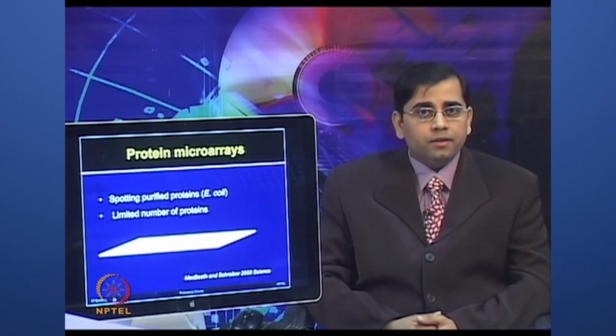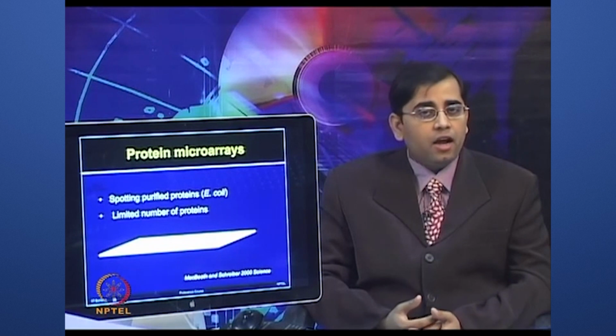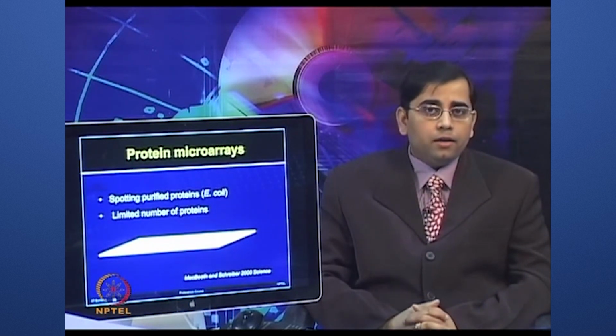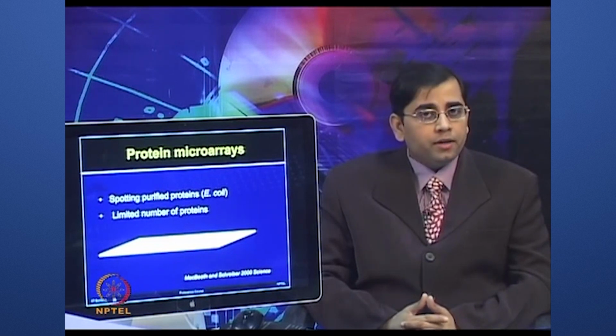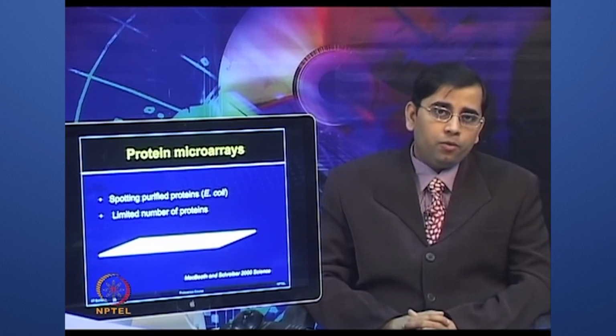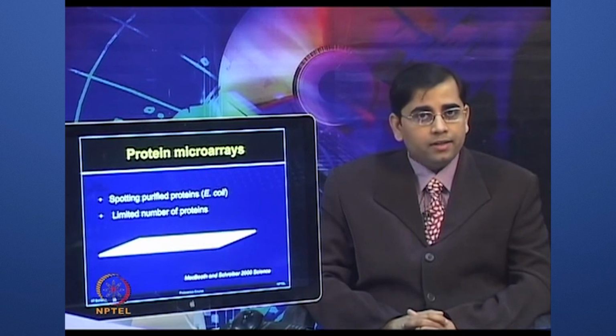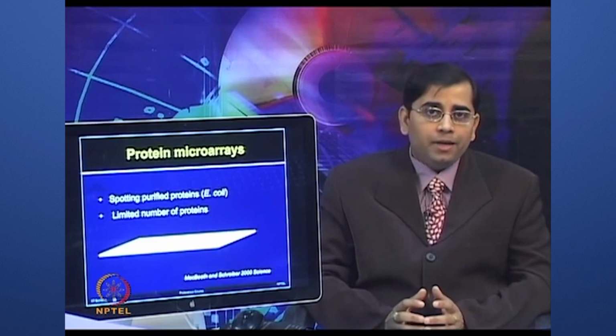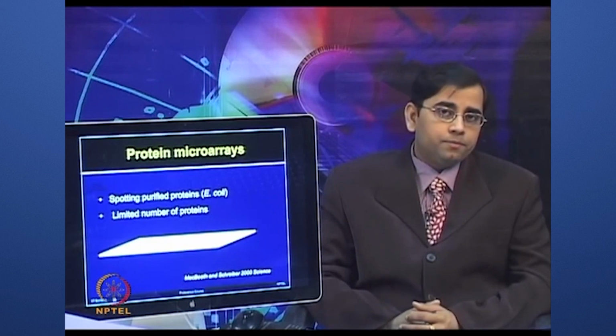In 2000, at the time when DNA microarrays had reached their maximum potential, the proteomic community was still wondering whether a similar type of platform could also be used for studying proteins. Can we study proteins at scale by using protein microarrays?